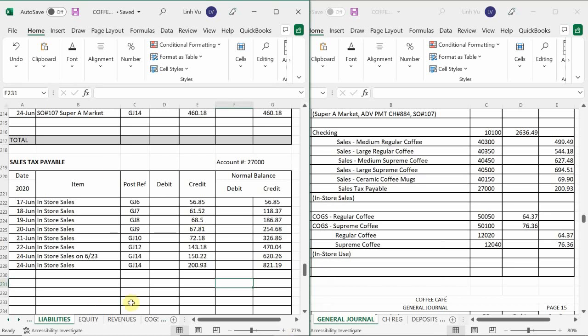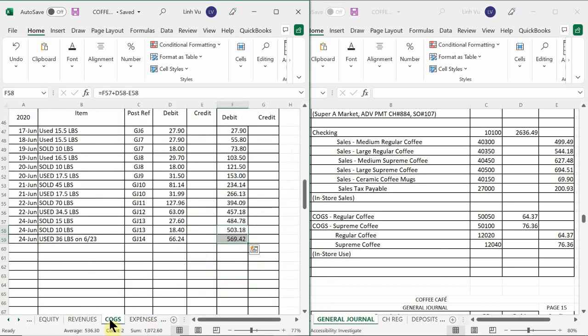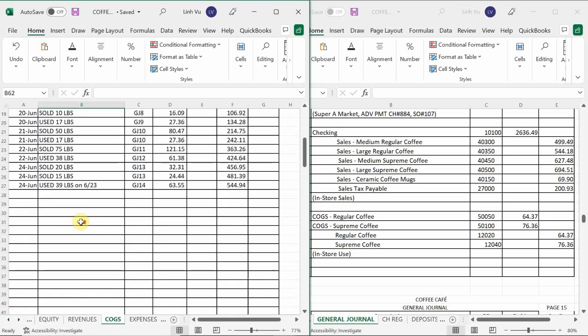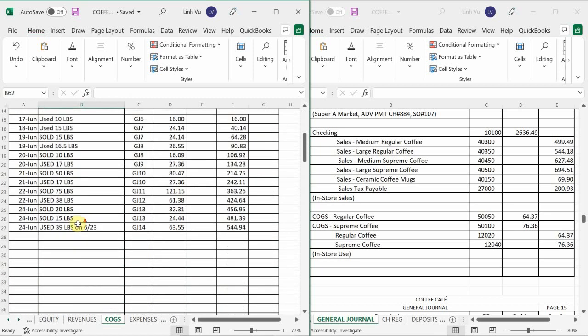So let's go ahead and update our inventory account. So let's start with the cost of goods sold here.